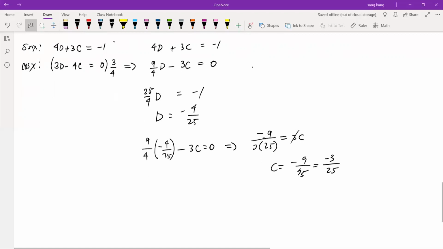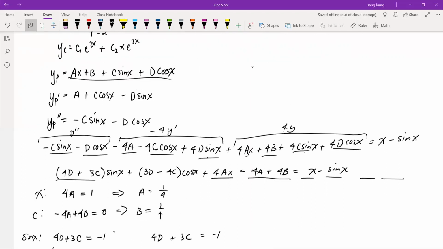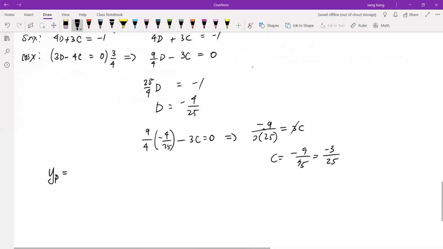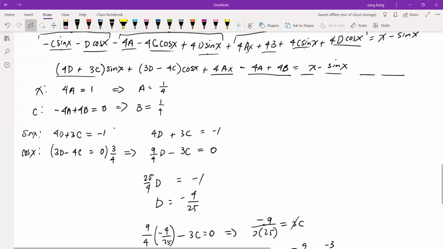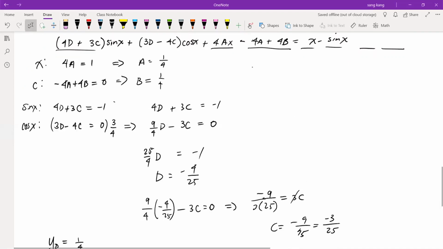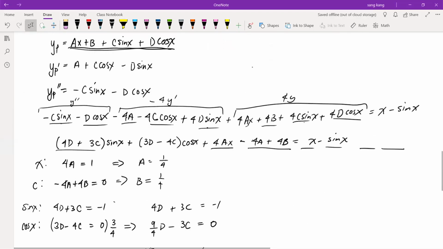Now we just plug everything in to our yp. So yp was given here. We just plug the coefficients back in, right? So we have a, which is 1/4, times x plus b, which is 1/4, plus c sine x plus d cosine x.